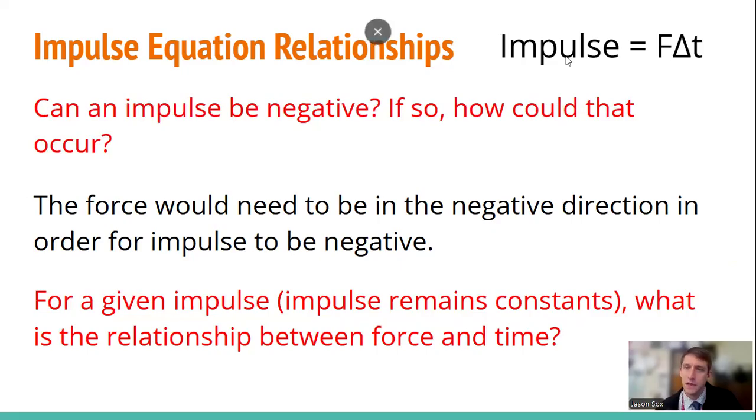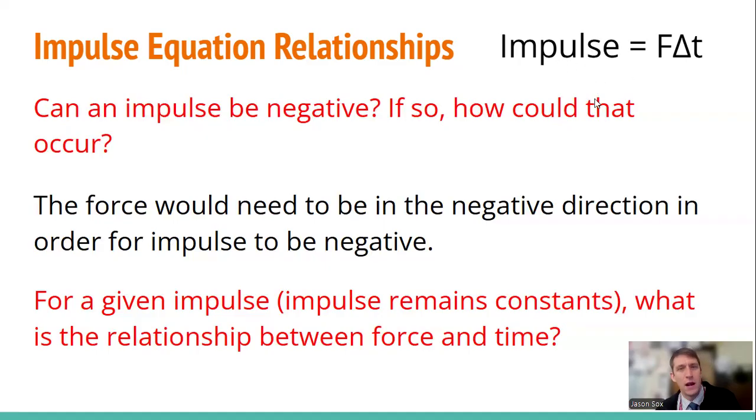Now, what does this say? The impulse is related to the net force acting on an object and the amount of time. So consider, for several impulses, let's just say that we are trying to stop a big car moving in one direction, versus a small car, something like that. For given impulses, if this left side is remaining constant, what's the relationship between these two variables, right? So if this is some number, how do F and delta t relate to one another such that this left side can be constant and always the same?